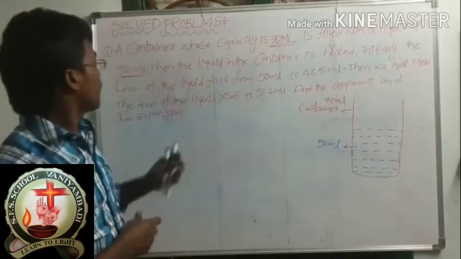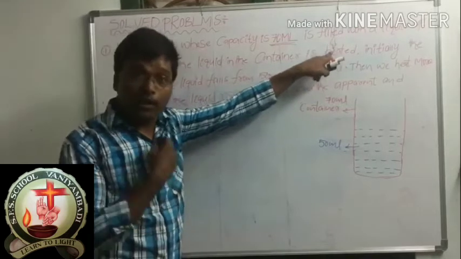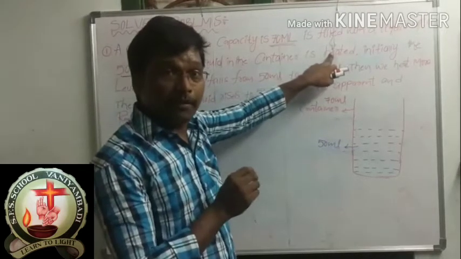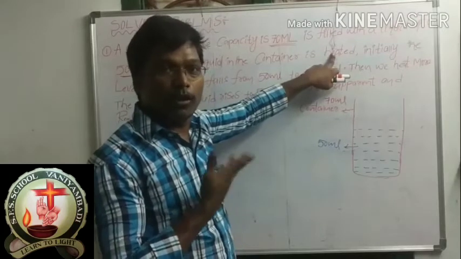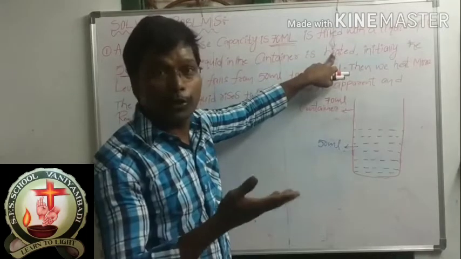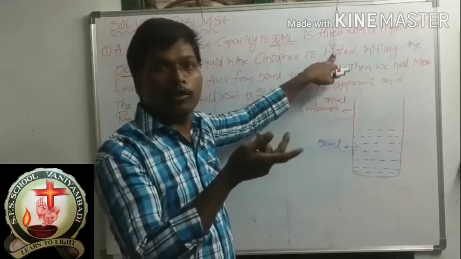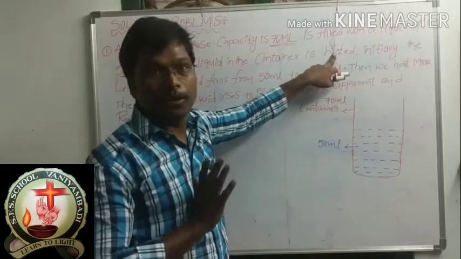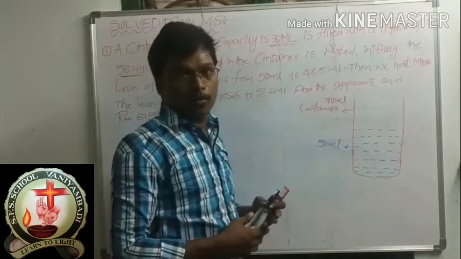Then the liquid in the container is heated. Now, what are we doing? We are heating that liquid. Usually to heat the container, we should keep it on the stove. Before, in all the cases, we did it like that only. So I will keep this container on the stove.